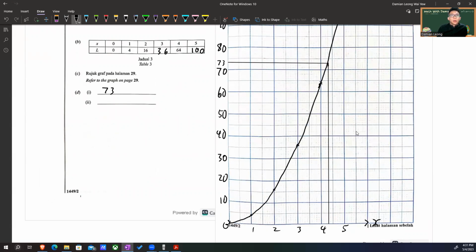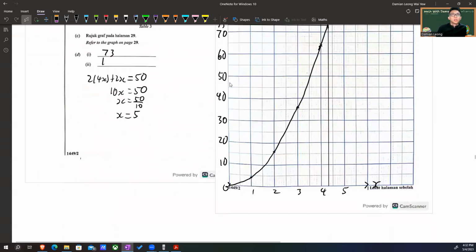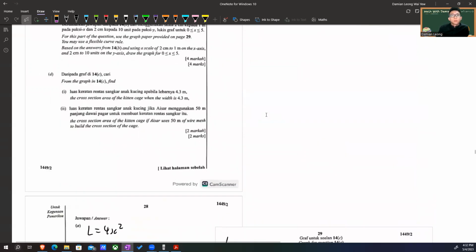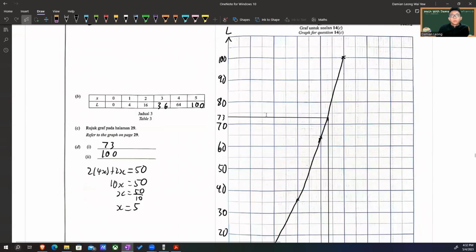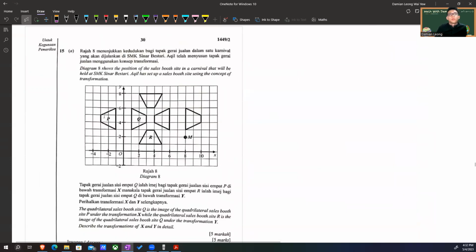So 2 times 4x plus 2x equals 50 meters. So 10x is 50. Divide by 10, x is 5. So when x is 5, it matches to an L value of 100. So it's 100. That's it.